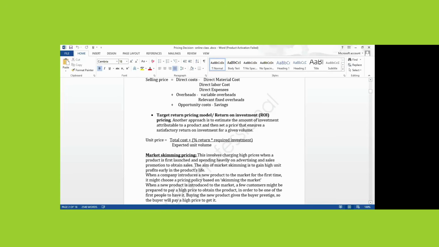The method is mostly used to achieve a satisfactory return on investment for the provider of capital.